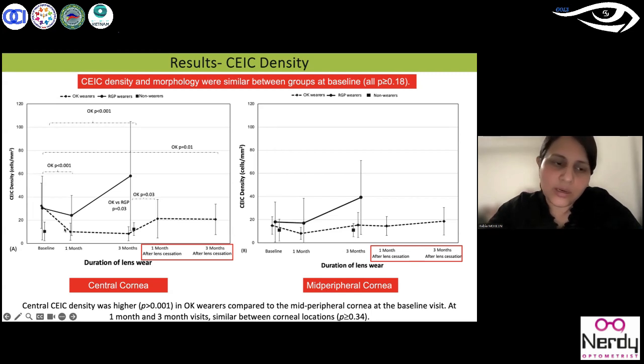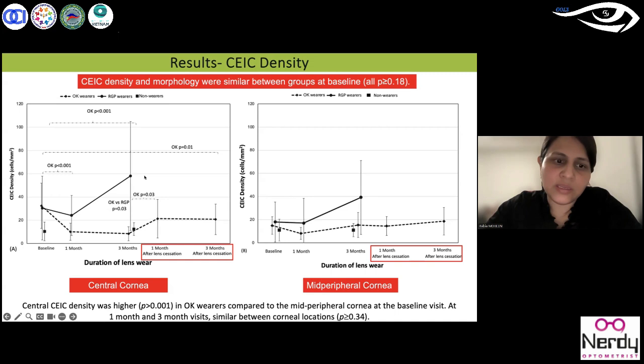It might have occurred earlier, like maybe after 1 week or 1 day, but we only examined these participants at 1 month. And when we asked these participants to stop wearing contact lenses, we observed that immune cell density increased significantly.